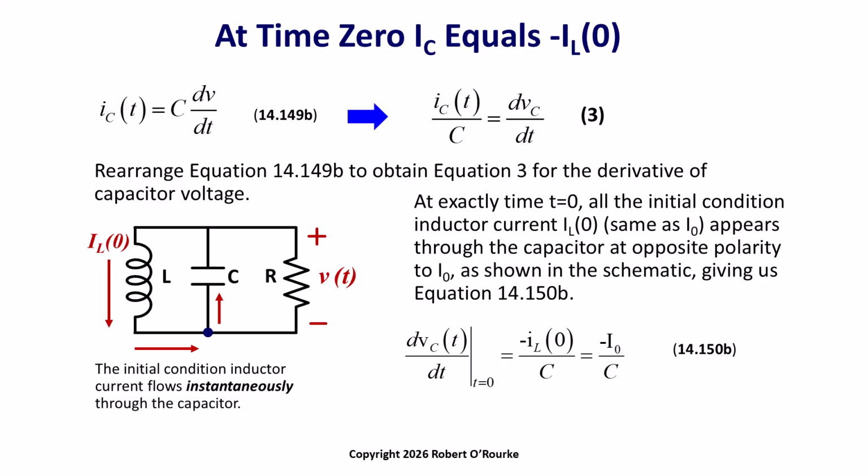Now we have the derivative of the voltage evaluated at time zero expressed in terms of circuit quantities that we know. By the way, the red current arrows in the schematic are only valid instantaneously at time zero.